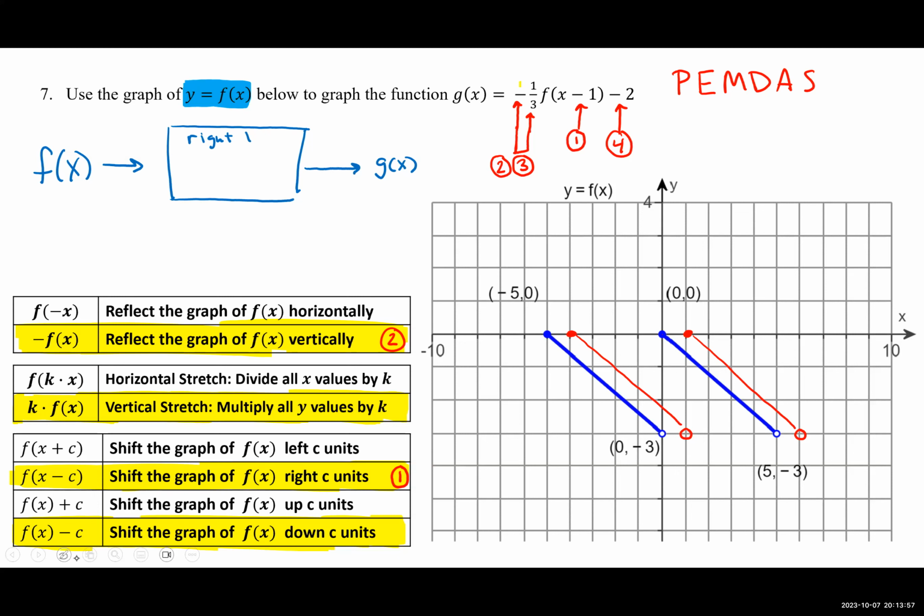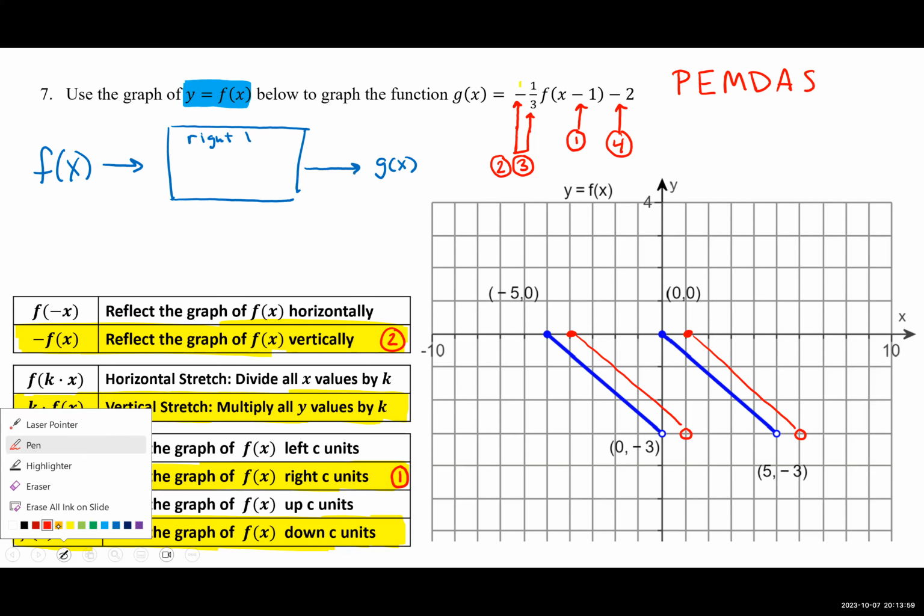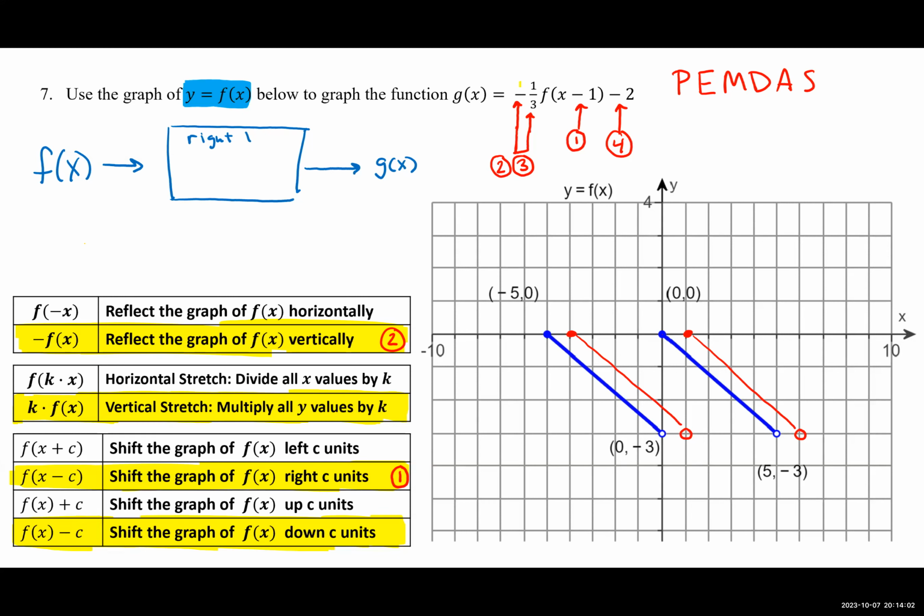Let me do this in a different color. Let's go with, I don't know, orange. So negative f of x minus 1. So the x minus 1 made the blue graph into the red one. Now the negative sign is going to take everything and reflect it to the other side of the x-axis.